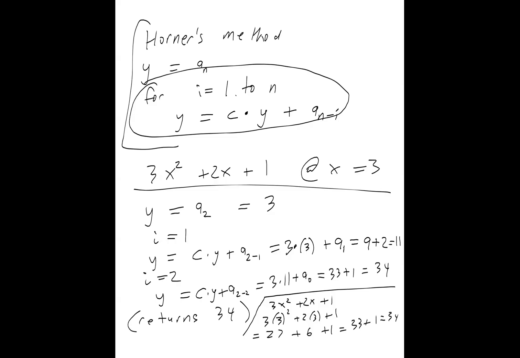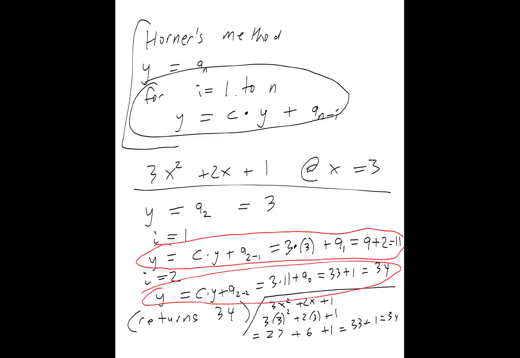So it calculated correctly the value of 34. And it only had to do 2 lines of code to do it. So what are the 2 lines of code? The 2 lines of code that did it are this line right here and this line right here.